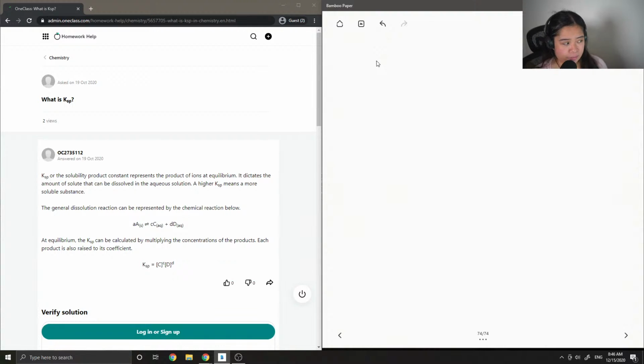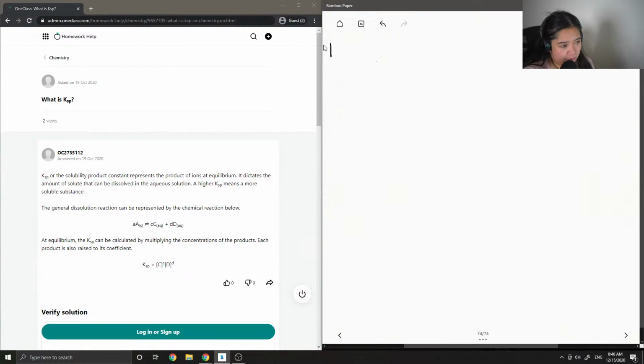Okay, so question 1 just asks, what is KSP? Okay, so let me just write over here that KSP is the solubility product constant.